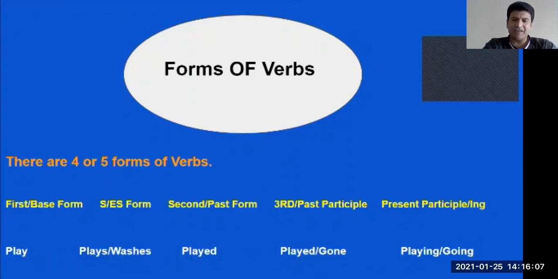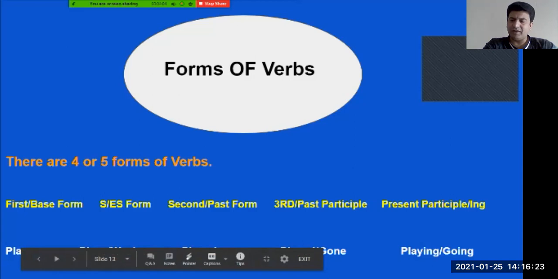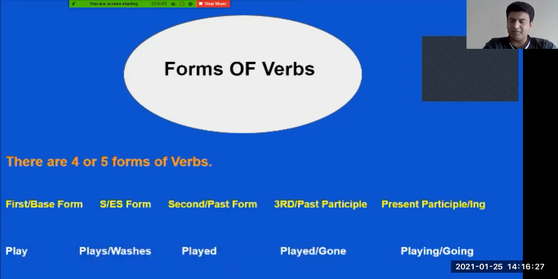And then comes the second or past form of the verb. In this case, we see played. And then comes the third or past participle. It is called third form of the verb or past participle. And finally, the fifth one is present participle or ing form of the verb.